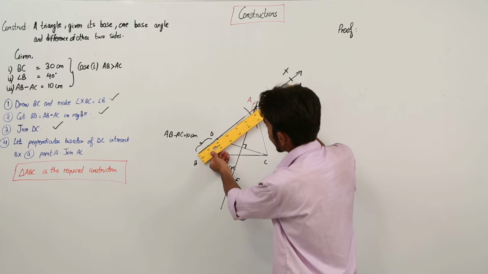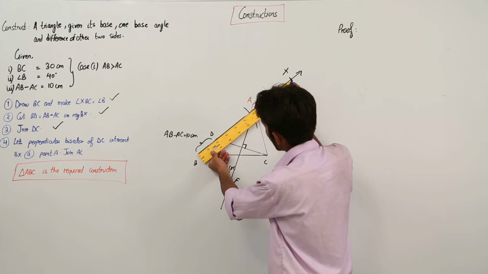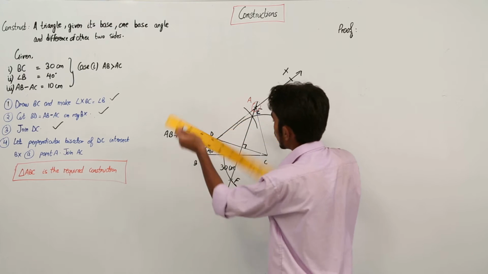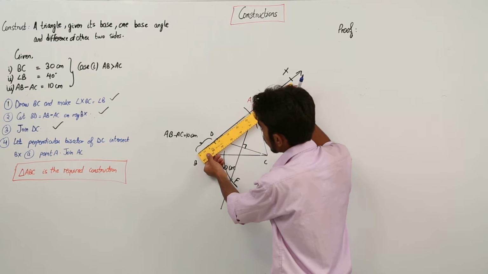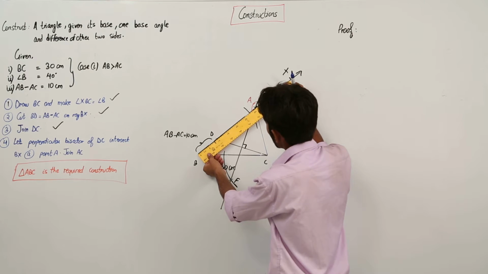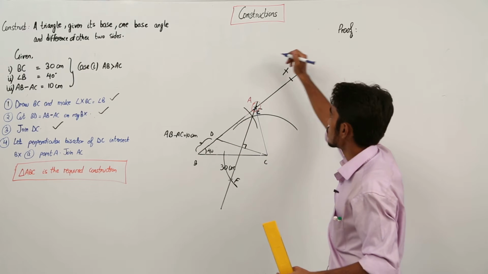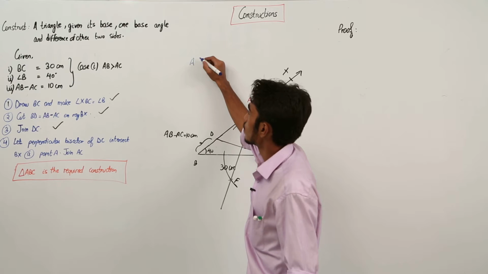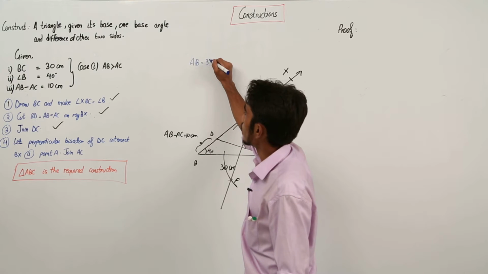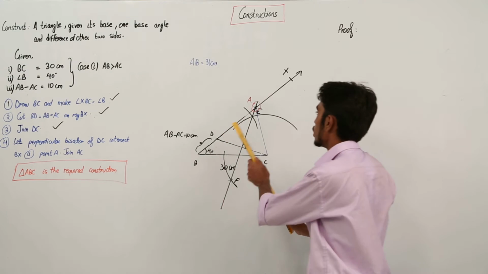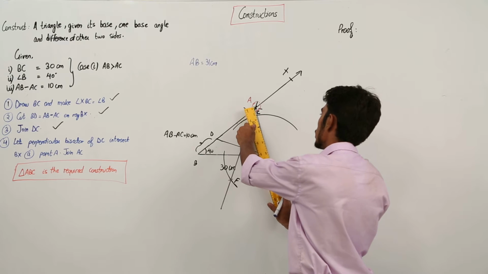I can see that AB is coming out to be approximately 31 centimeter. And let me measure AC.